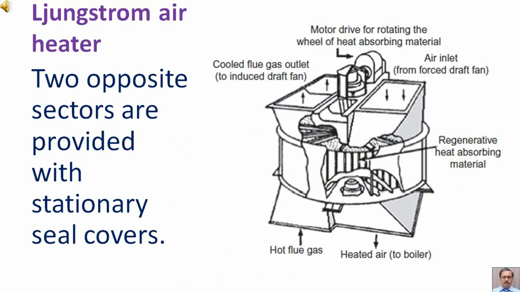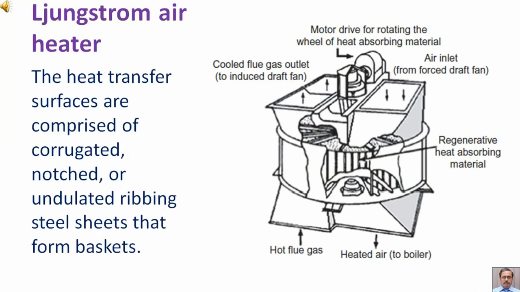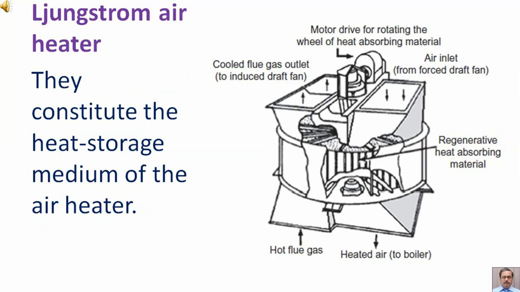Two opposite sectors are provided with stationary seal covers. The heat transfer surfaces are comprised of corrugated, notched or undulated ribbing steel sheets that form baskets. They constitute the heat storage medium of the air heater.